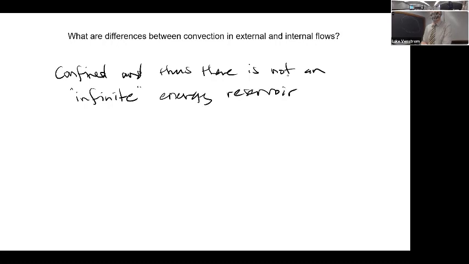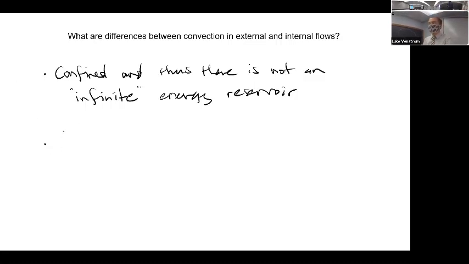So you can't, like in an external flow, thinking about air flowing over the tubes of the concentrator, for example, there's so much mass there that essentially it's like an infinite, in thermodynamics, you talked about this constant temperature energy reservoir. That's what it is. I don't see one in an internal flow. Exactly what you're thinking.